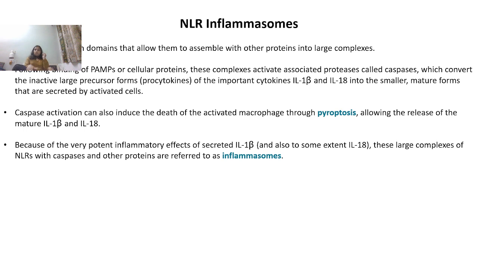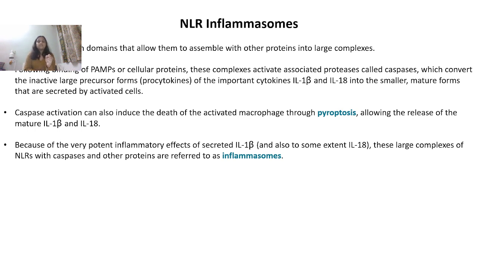As I already told, they are known as inflammasome because when these NOD-like receptors sense these PAMPs or DAMPs or whatever other proteins, they recruit some caspases, which are nothing but proteases. These proteases will cleave the immature forms of the cytokines IL-1 beta and IL-18 into a mature form that can be secreted.